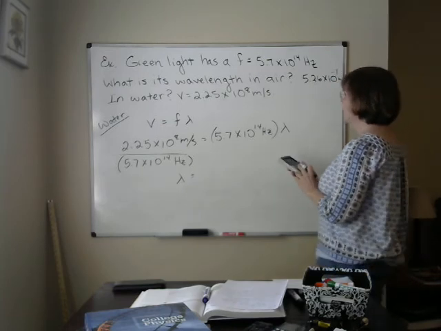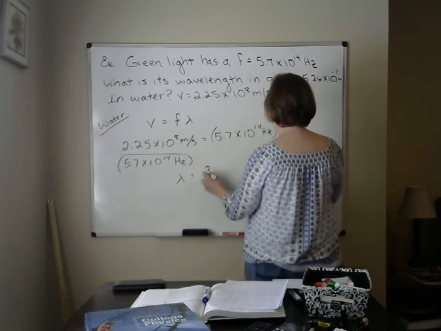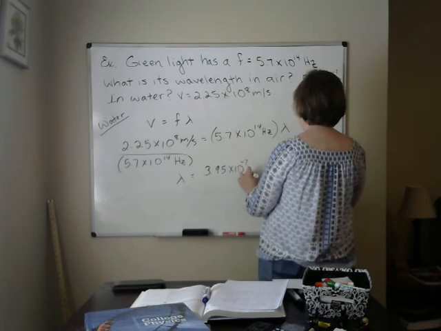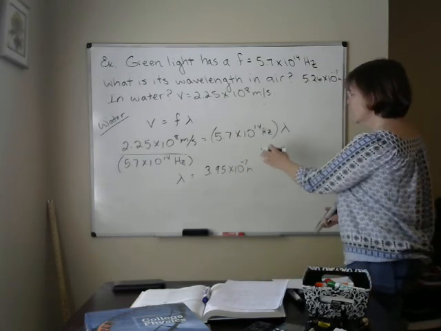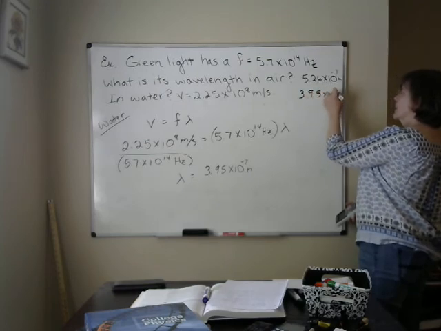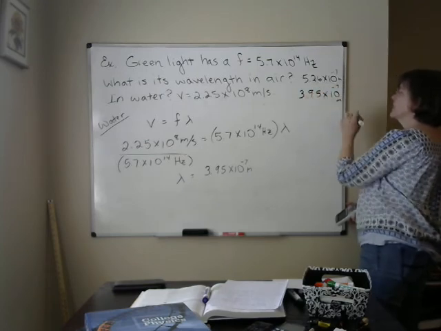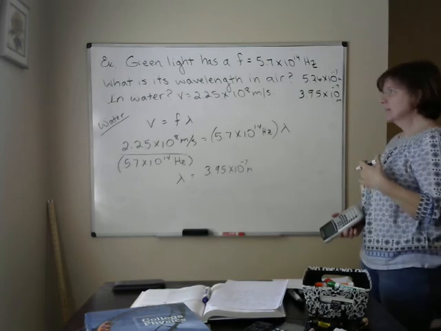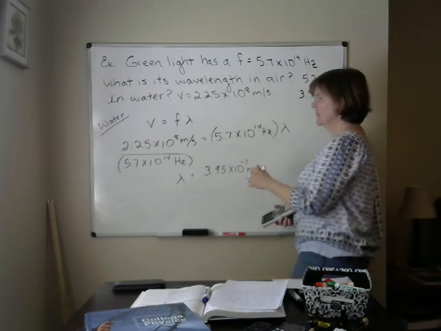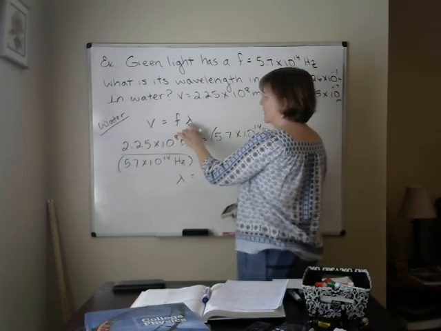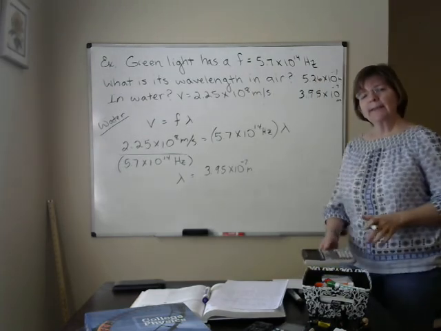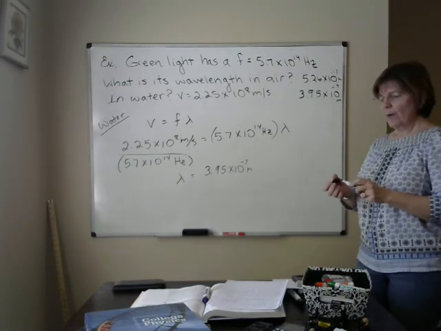And now the wavelength comes out to be 3.95 times 10 to the negative 7 meters. So definitely the right size, but notice it got smaller. That's exactly what we said. When it slows down, the wavelength gets smaller. If this is smaller, this is smaller. That stays the same.